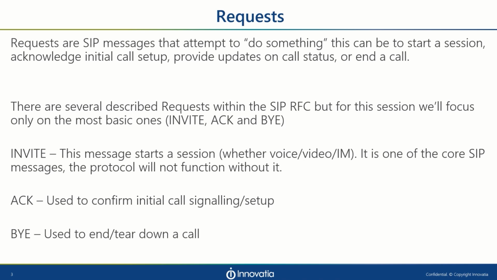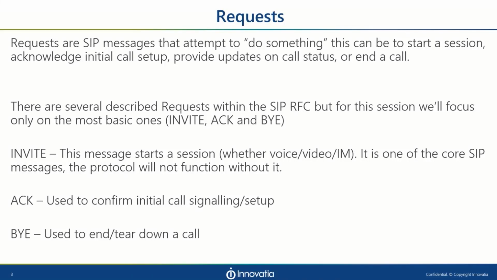The first type of SIP message is what's called a SIP request, and requests are SIP messages that attempt to do something. This something could be starting a call, acknowledging the successful startup of a call, or simply tearing down a call.